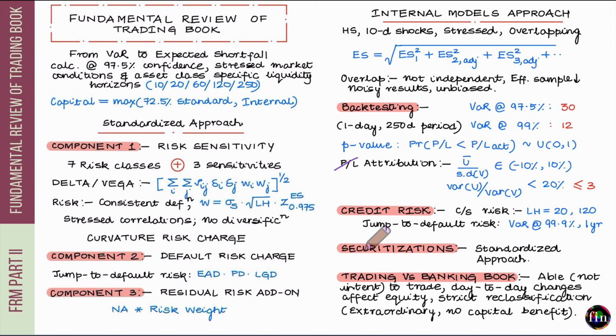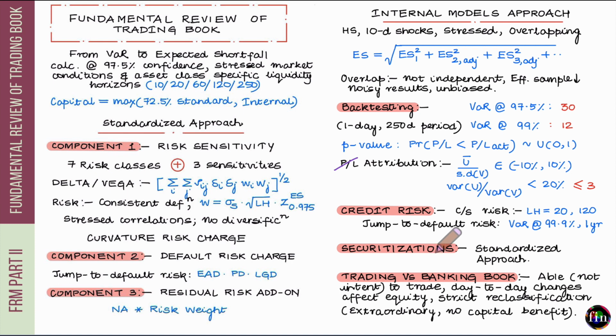Okay, then when it comes to securitizations, I mean those positions which are sensitive to default correlations, then Basel 2.5 had introduced the comprehensive risk measure for these kind of positions. The CRM, comprehensive risk measure, can be computed using either the standardized approach or the internal models approach.